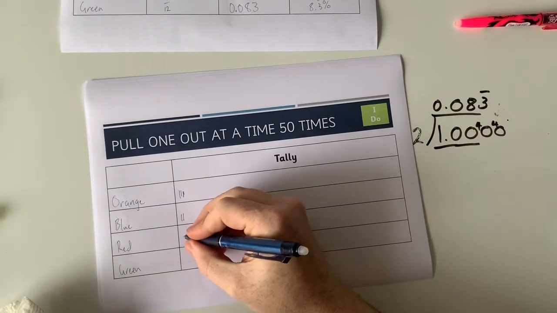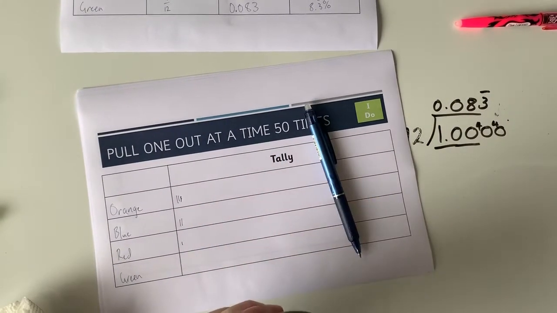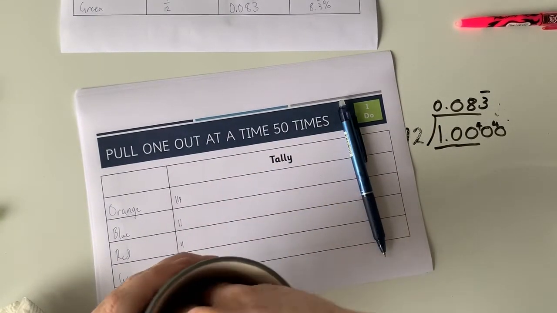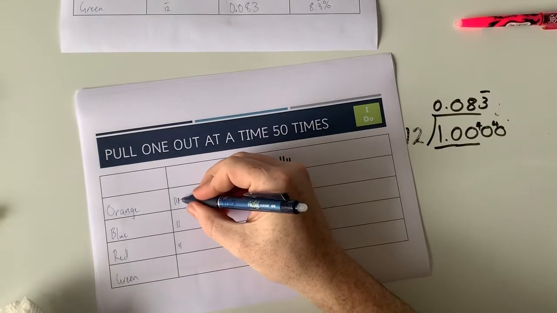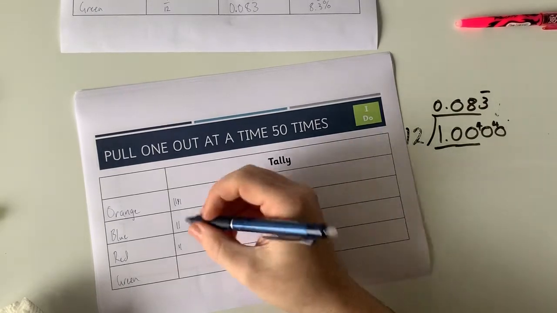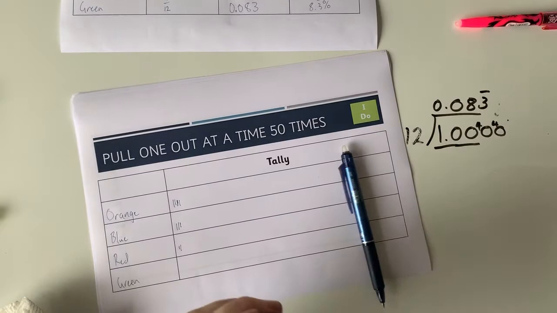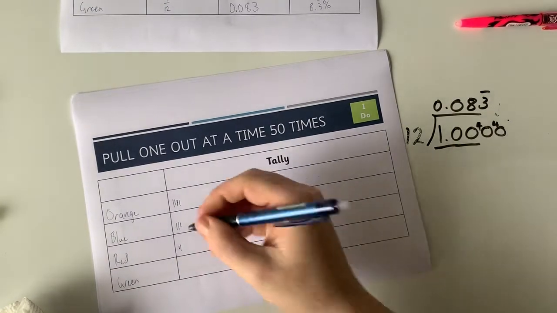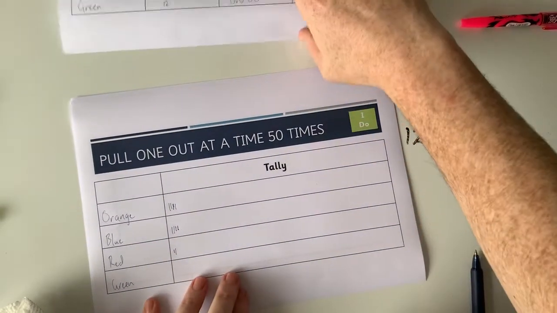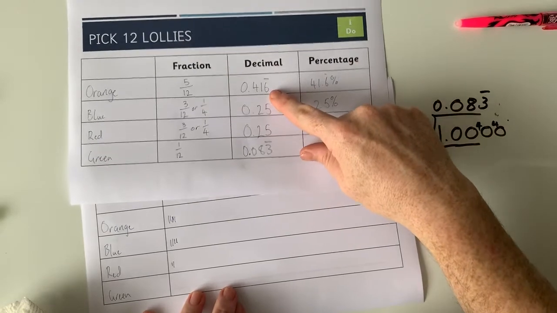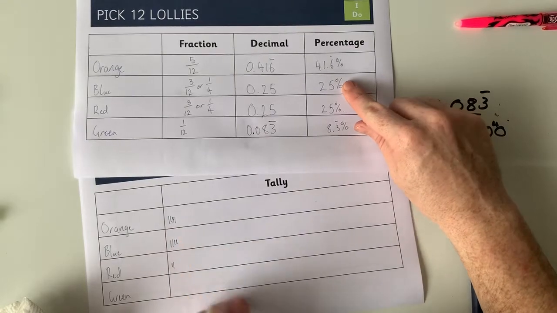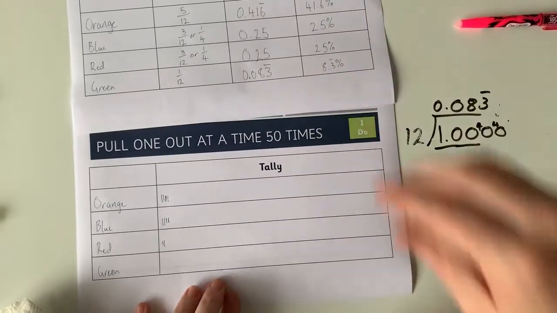Red. 6. Red. Orange. Blue. Okay, so that's 10. So even though probability says that there's more of a chance of getting orange than blue, at the moment, orange and blue are the same. Let's keep going though. We're going to do it 50 times.